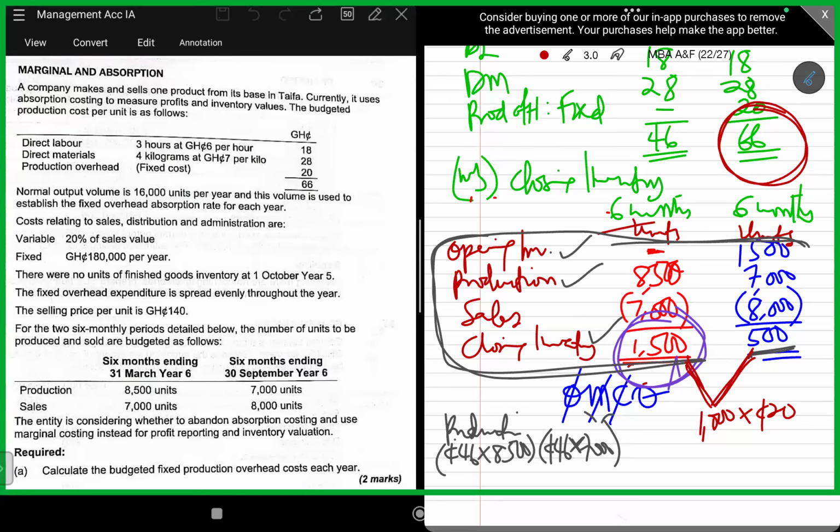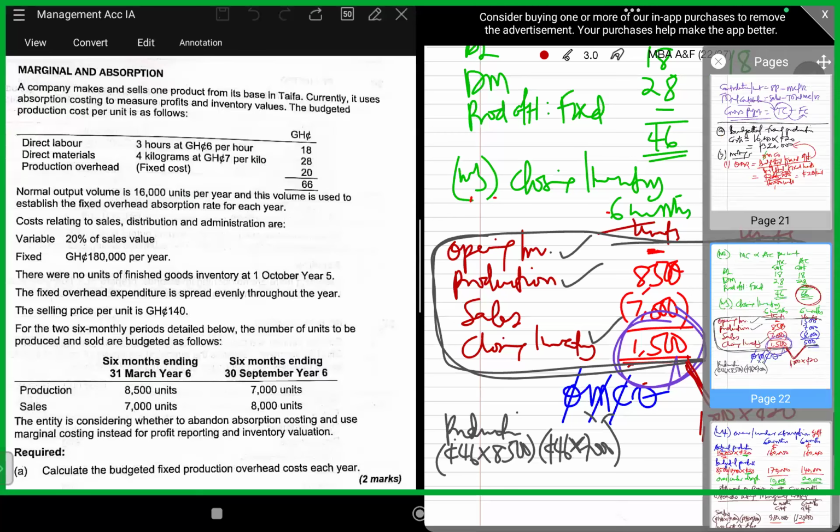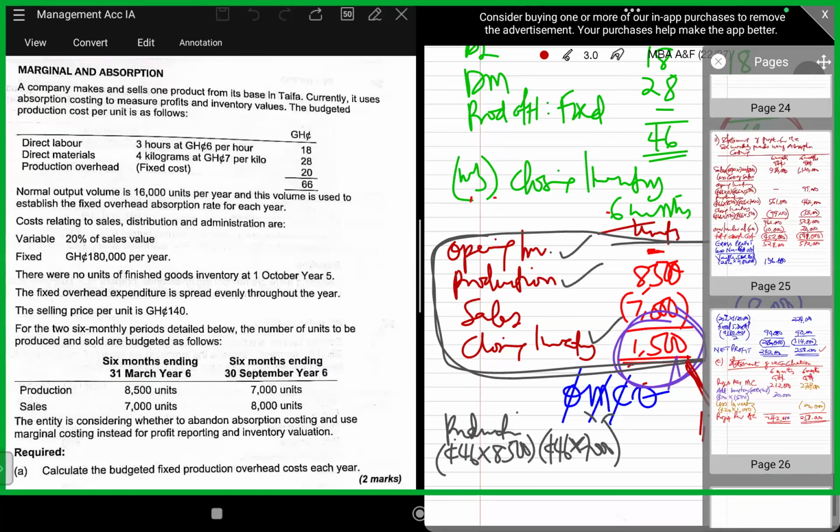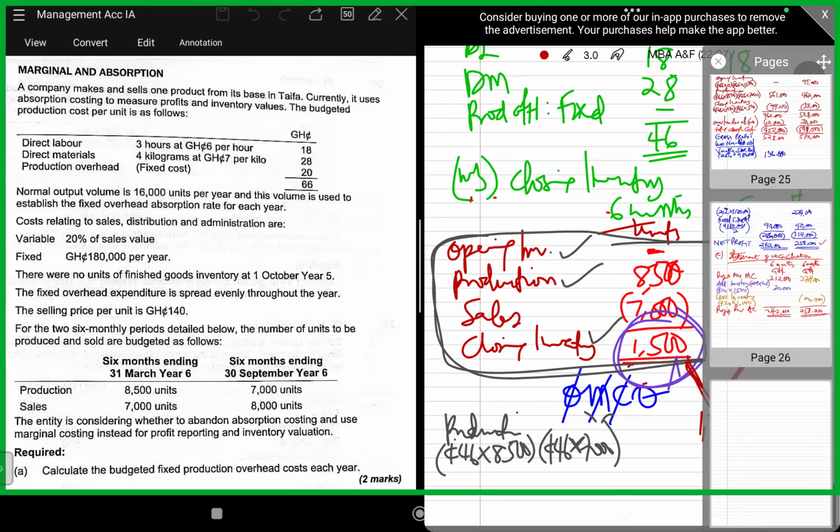So you see that in the first 6 months, the inventory of 1,500 was multiplied by 20 to get the 30,000. Is that correct? The first 6 months, the difference was 30,000.